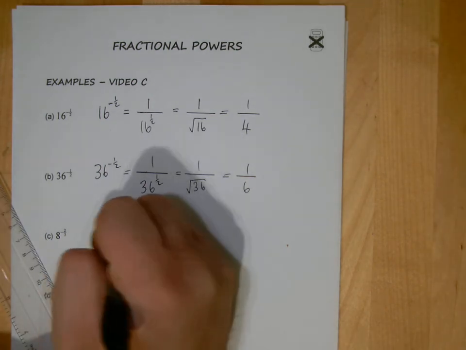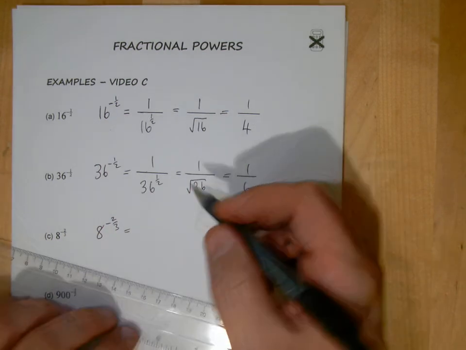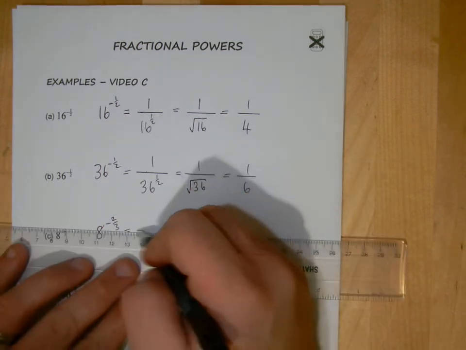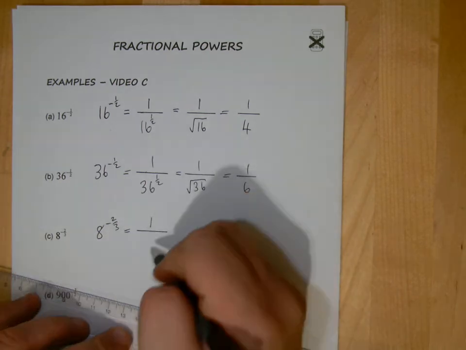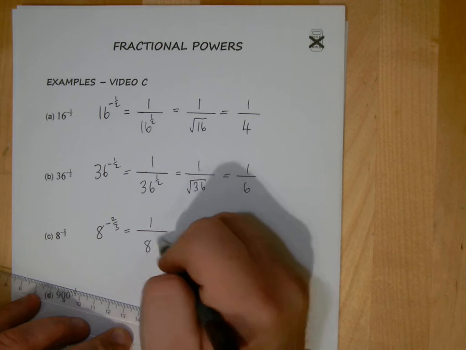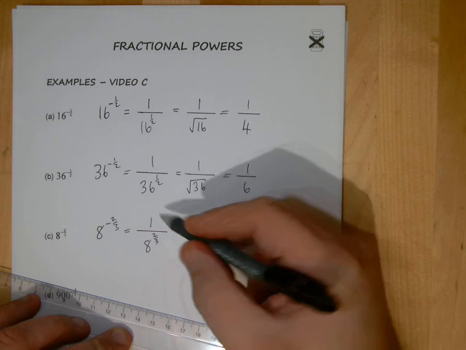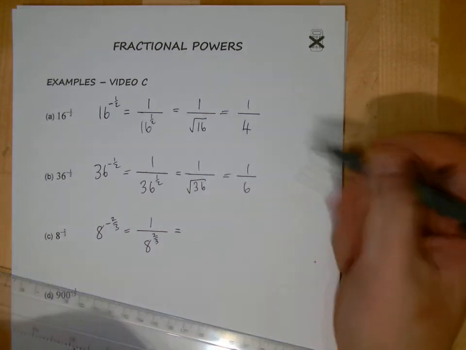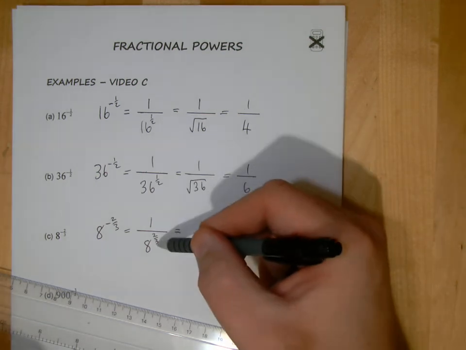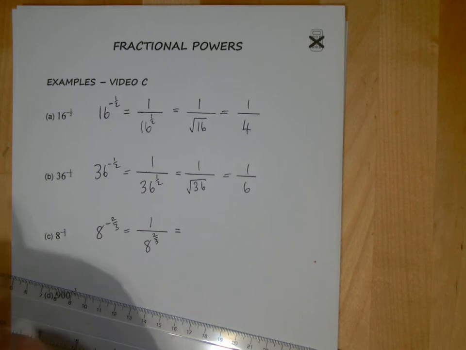Okay, let's look at the next one. In this one, we've got 8 to the power negative 2/3. Again, because it's a negative power, write it as 1 over. We're always going to do this with negative powers. So it becomes 1 over 8 to the positive power of 2/3. Now, if you remember in the last video, when you don't have a unit fraction, you've got to make it into a unit fraction in order to determine the value.